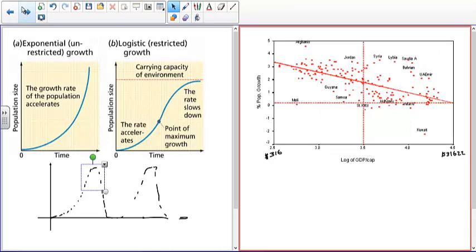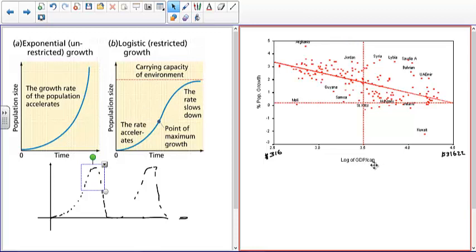now a lot of times when you have exponential growth, it's easier to plot one of the variables with respect to the log of the property. So here we have percent population growth, which is a linear scale, but here we're plotting the log to the base 10 of the GDP, gross domestic product per capita, per person.